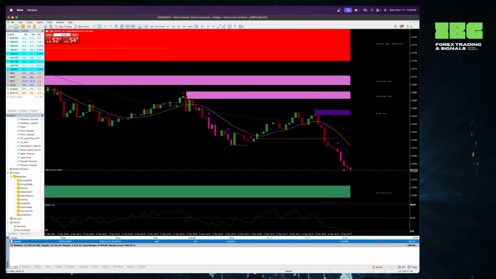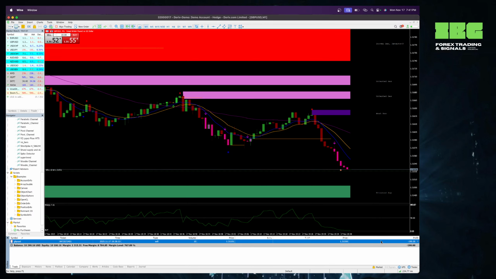In the GBP USD, you can see that the value is 1.31560. 4 decimal points. And I use those 4 decimal points to determine this entry.